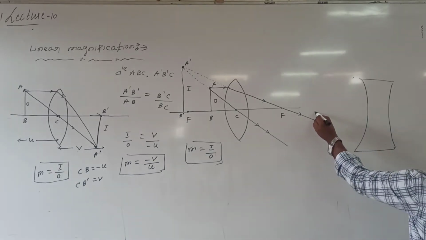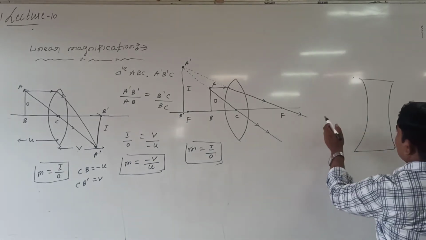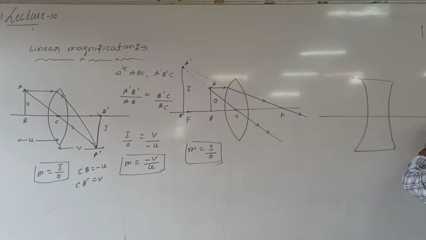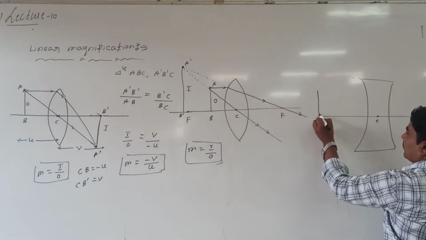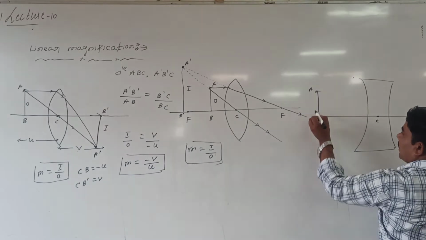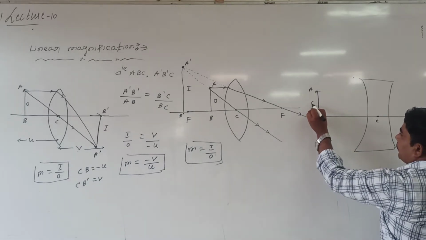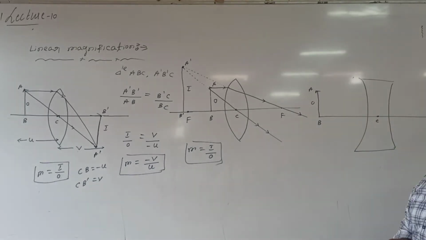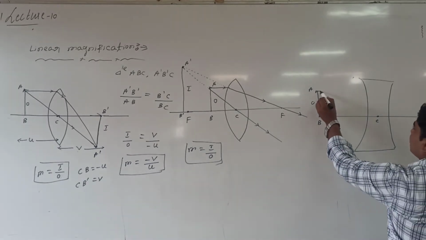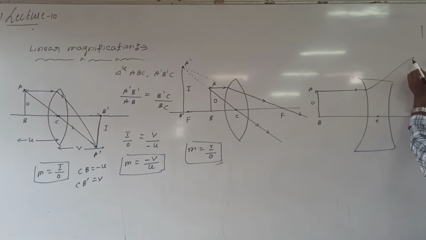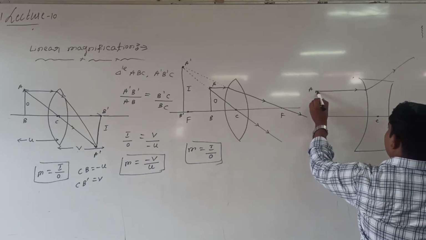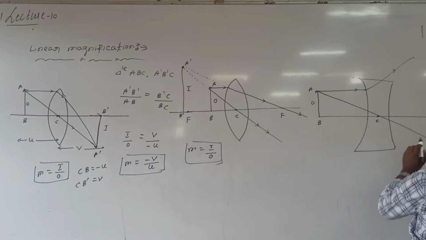This is the principal axis, and this is the optical center C. Let us consider this is one object AB, and this object has height O. Now consider one ray of light incident. After incidence, the ray refracts in this way. And one more ray of light passes through the optical center and doesn't deviate.